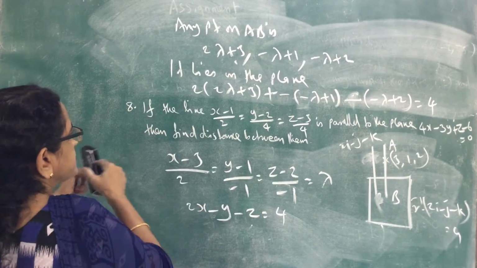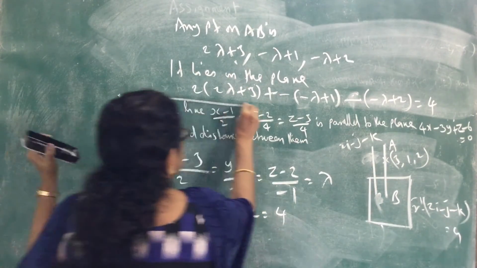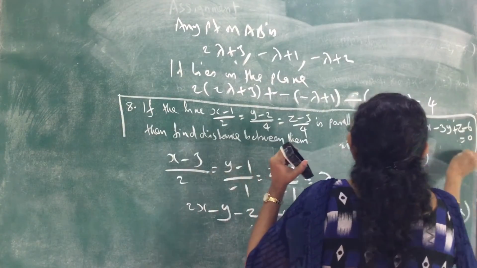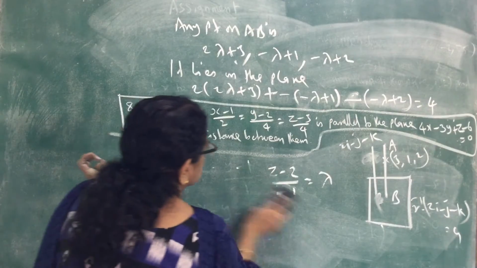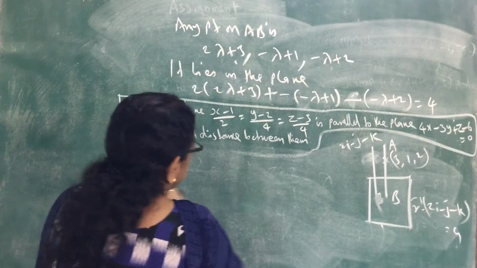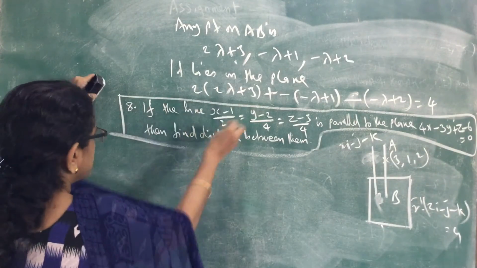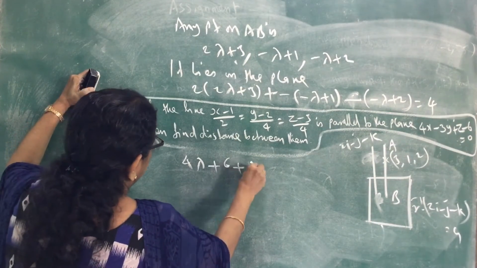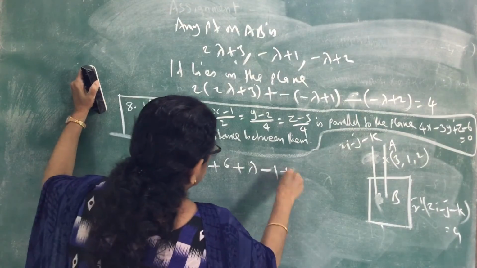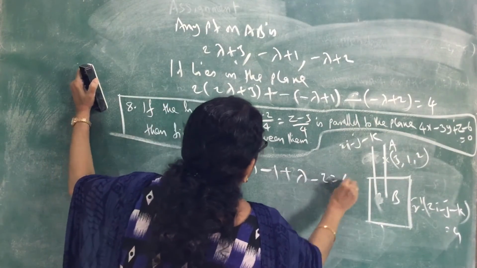So this is question number 8. Simplify this: 4 lambda plus 6 plus lambda minus 1 plus lambda minus 2 equal to 4.